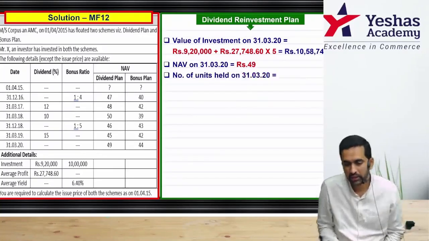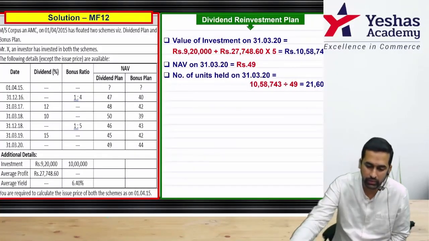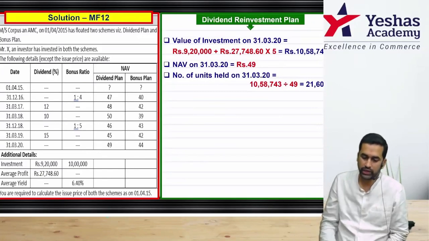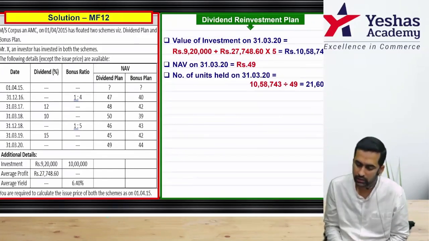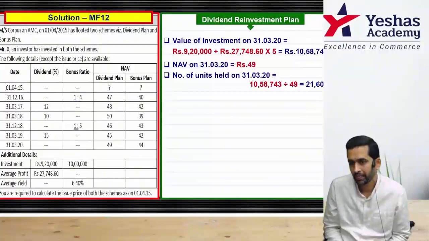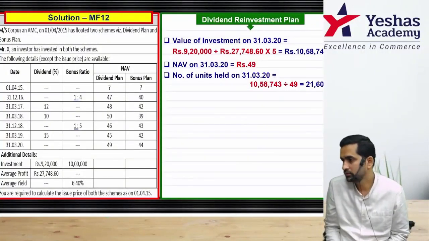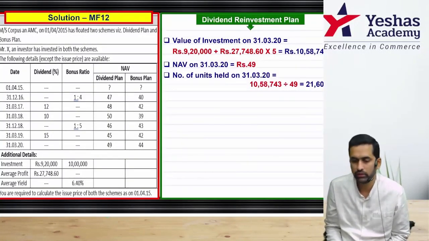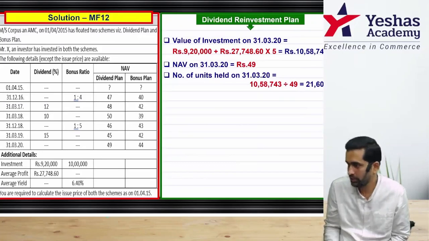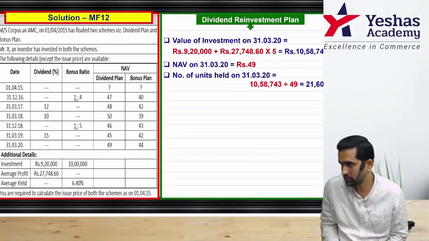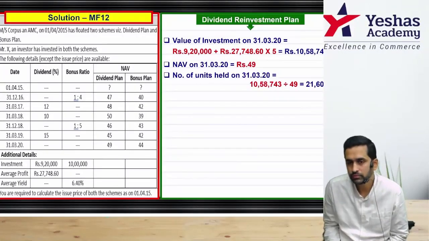Next line. Number of units on this day will be 10,58743 divided by 49. So he sold 21607 units. But this is not the question.